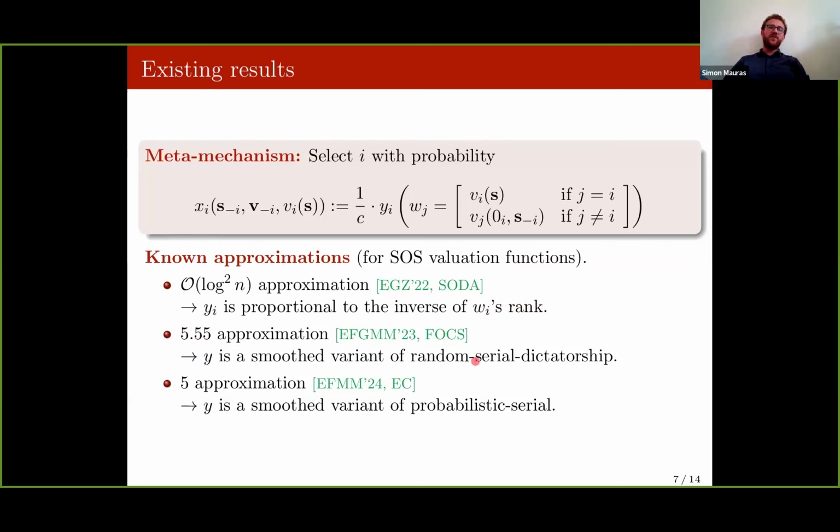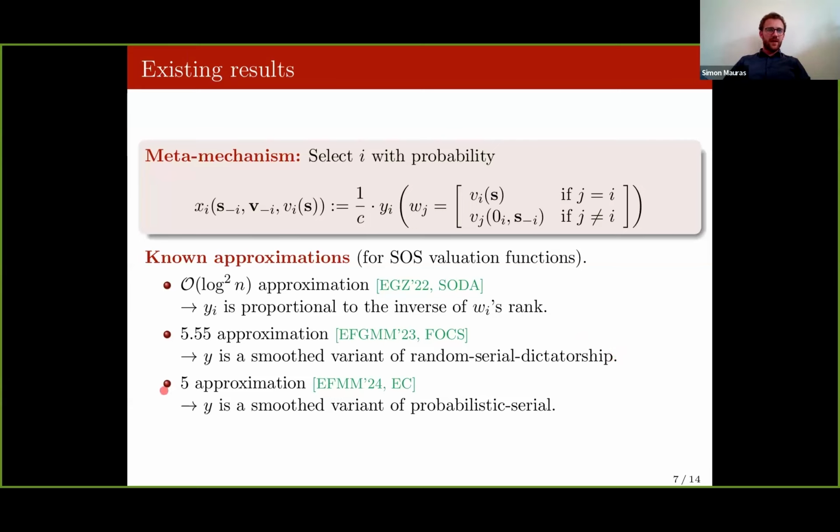of random serial dictatorship, which is a mechanism to allocate items that uses some random order and also permutations. The proof of this relies on some math, just carefully tracking the probabilities, how much they increase.